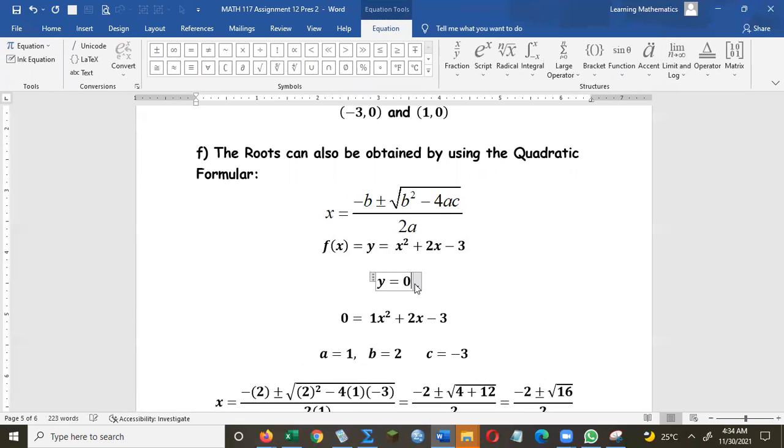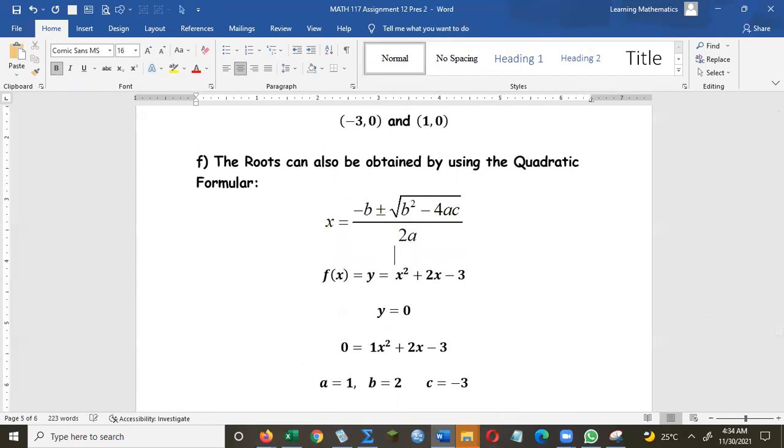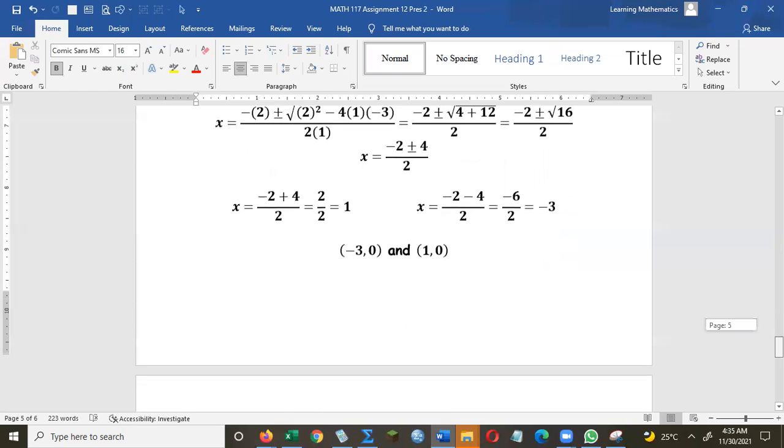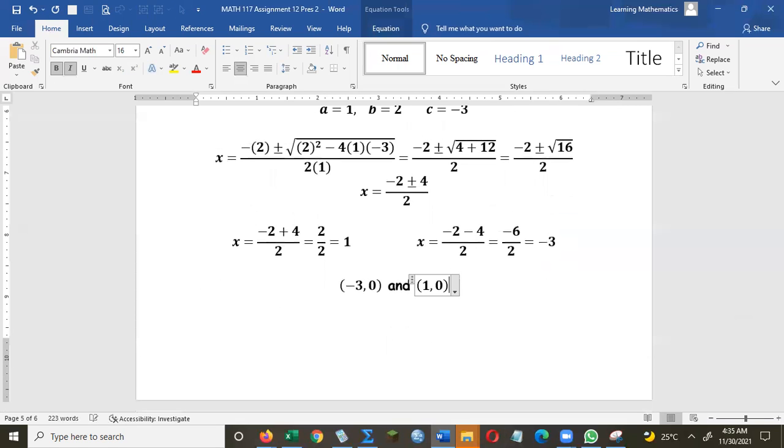That's why you have 0 there, and then you solve for x by substituting into the quadratic formula. This formula will be provided to you. No one is required to memorize this formula. And here you have it: negative 3, 0 and 1, 0.